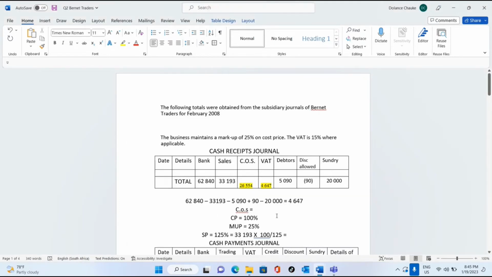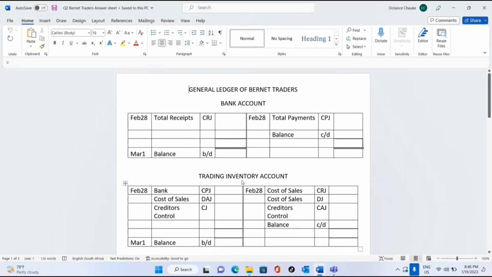So let's go there. You see our total cash receipt journal is 62840. Then we're going to take that 62840 to the bank under total receipts, right? So let me go there now.